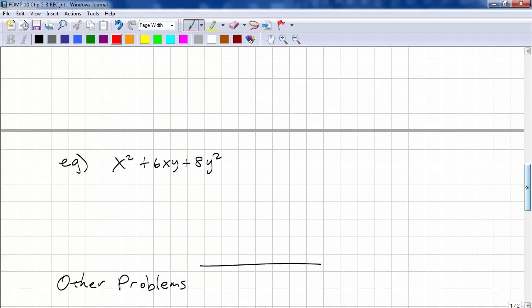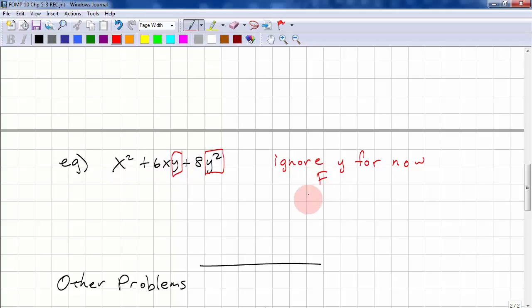Now, here's a slightly harder problem. One thing we can do is just ignore y for now. And we'll just ignore those. So we have x squared plus 6x plus 8.